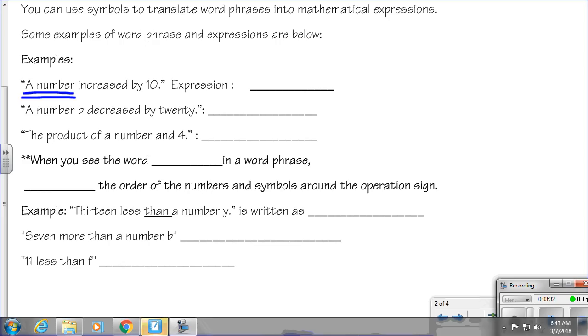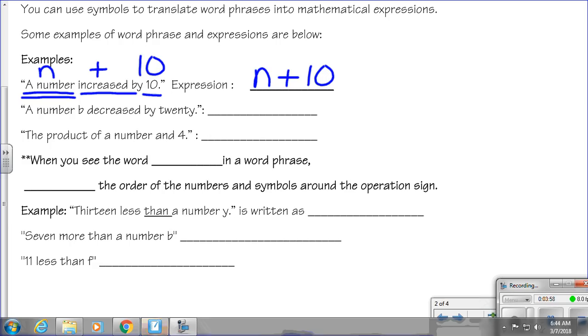It is not a number that you make up in your head. It is a variable. So above the words a number, I'm going to put the letter n. Increase, that means to add by 10. The expression that these words make, a number increased by 10, is n plus 10.